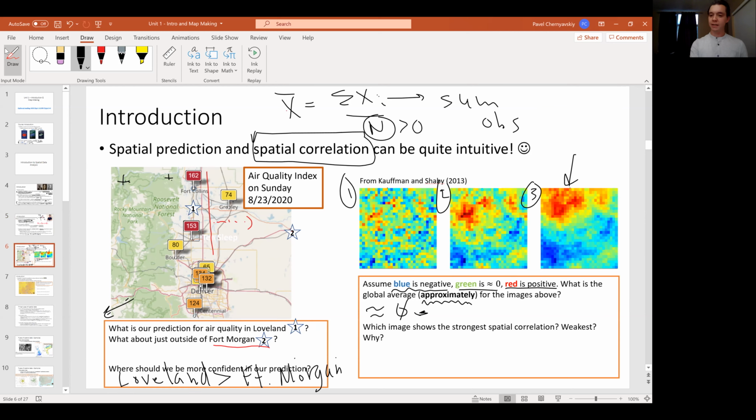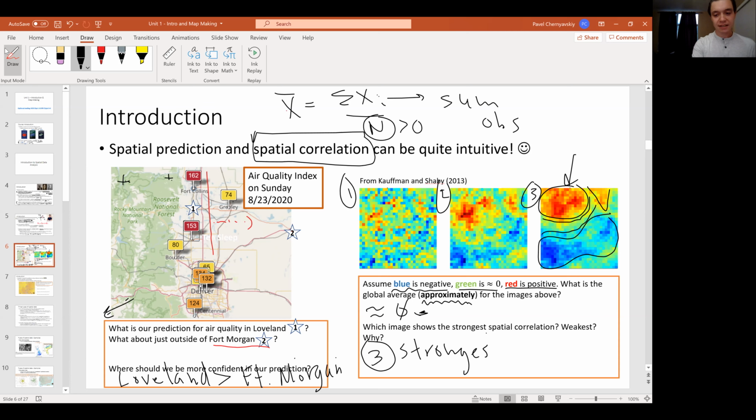Reds among reds, blues among blues, call it oranges among oranges, greens among greens. So this has the strongest spatial correlation.